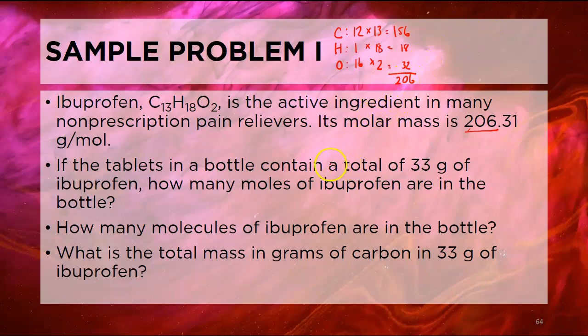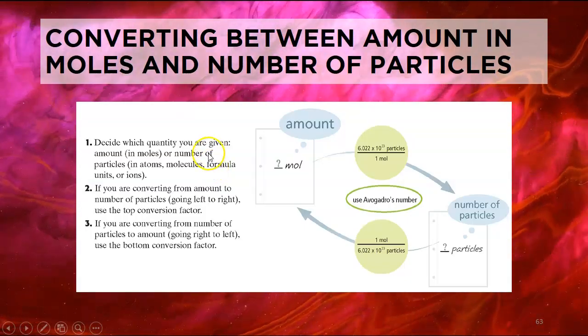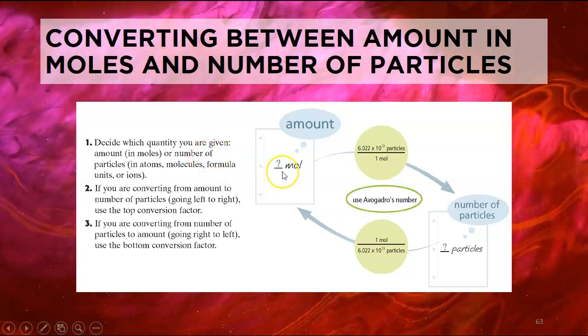If the tablets in the bottle contain 33 grams of ibuprofen, how many moles of ibuprofen are in the bottle? So 33 grams of ibuprofen. Remember my chart, if I want to go from grams to moles, what do I want to do?